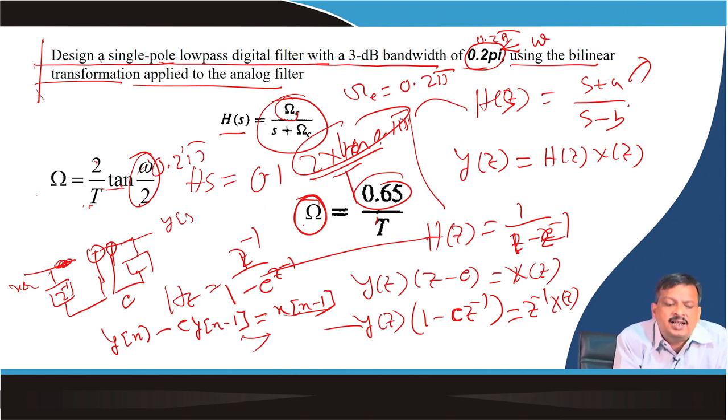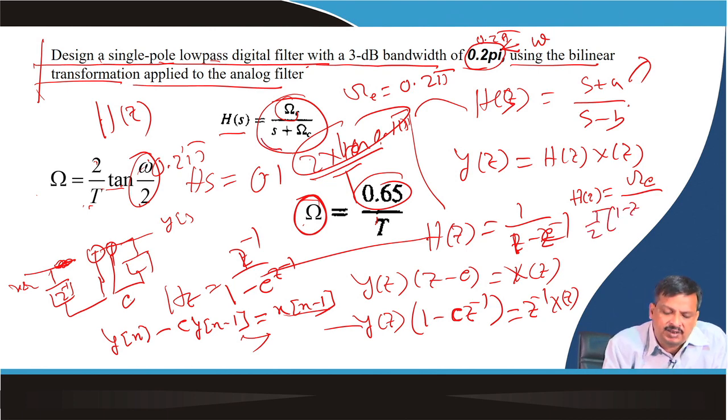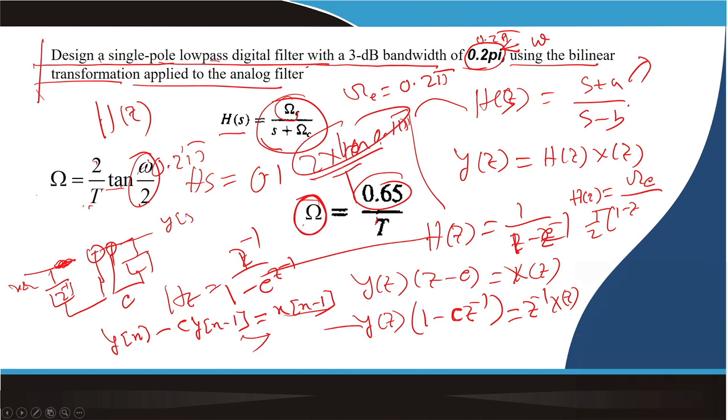I said design a single pole low pass digital filter, so I have to find H(z). H(z) is nothing but omega c divided by (T by 2 into 1 minus ...). So, the value of s you can put there and calculate that H(z). You do it yourselves.